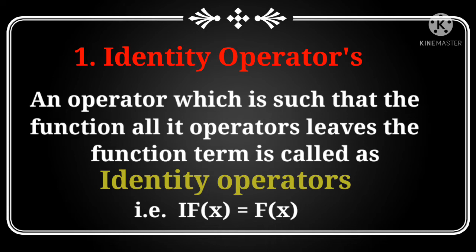An operator which, when operated on a function, gives the function itself is called the identity operator. That is, I f of x is equal to f of x.